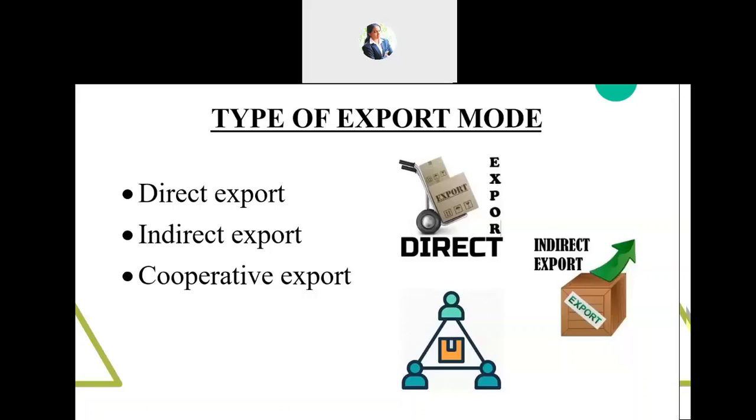Now speaking about indirect export, in this selling is through an intermediary, and it is relatively cheap and would always be a straightforward way to enter a new market. Now intermediaries are nothing but agents based in the target export market who sell products or services to end users.